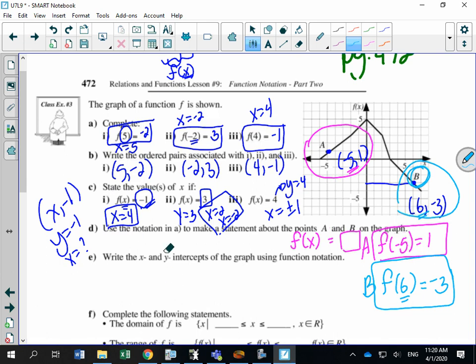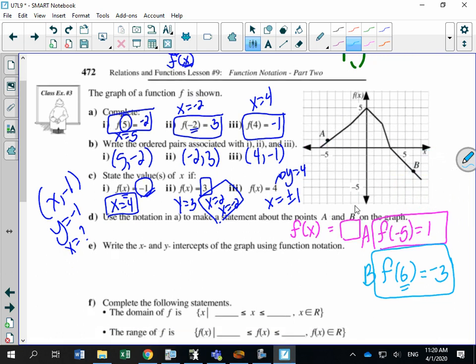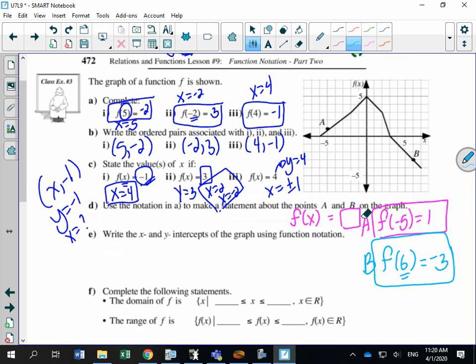E, write the x and y intercepts of the graph using function notation. Okay, so let's do E, x and y intercepts. So let's deal with the x-intercepts first. Remember, the x-intercepts are, what would y equal for x-intercepts? When y is equal to 0.